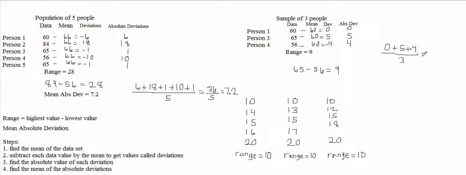The top equals 9. We divide by 3. So we added the three numbers and we got a total of 9. Now we're dividing by 3 and we get 3. So the mean absolute deviation of the sample is 3.